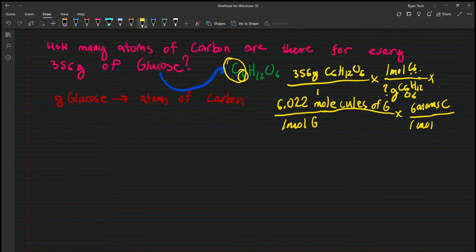Because for every 1 molecule of this, it's going to be 6 atoms. So molecule of G.